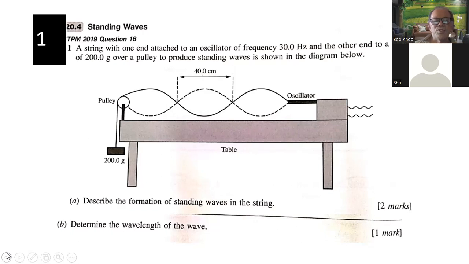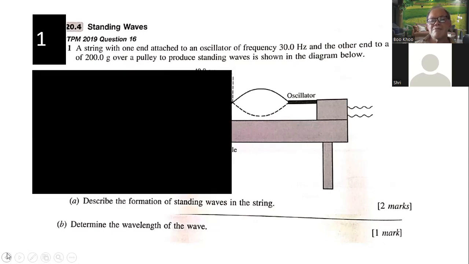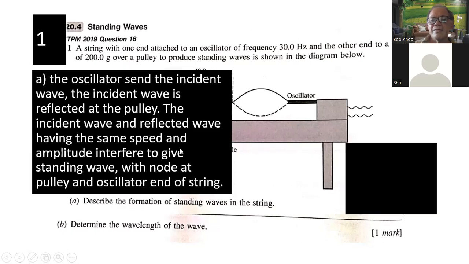Wavelength, half a wavelength, 3/4 wavelength, or quarter wavelength? This is only half a wavelength. Half a wavelength is 40 cm. So wavelength is just times 2, 80 cm.